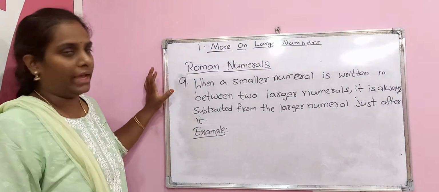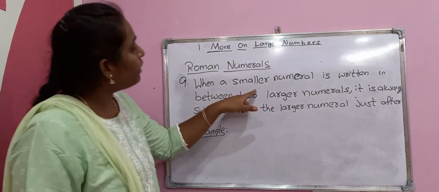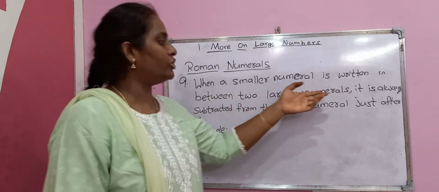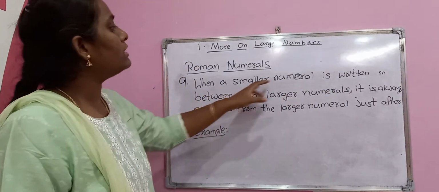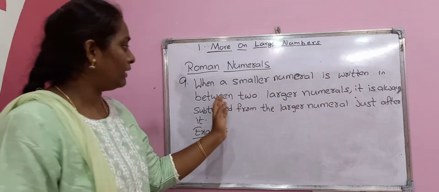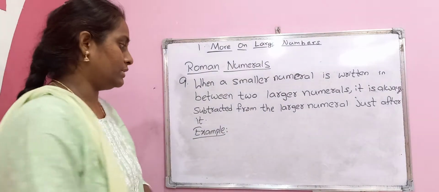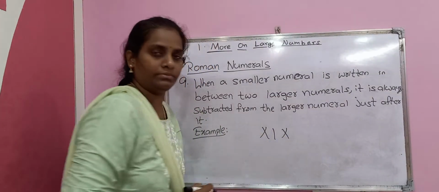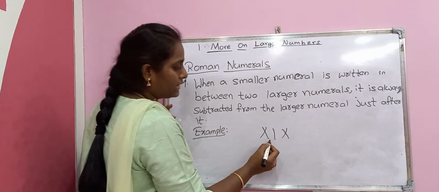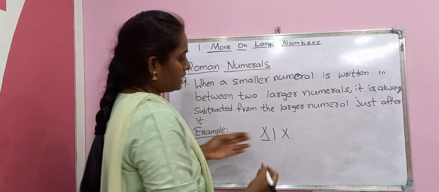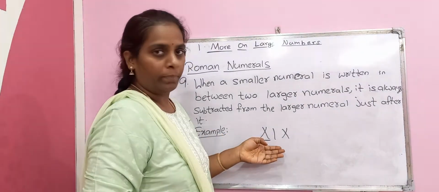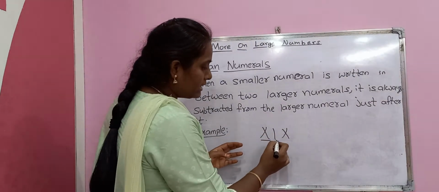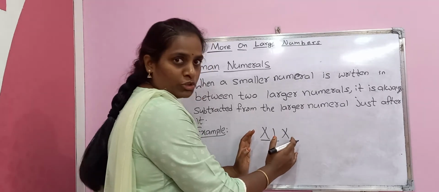Rule number 9. When a smaller numeral is written in between 2 larger numerals. See here, XIX. X is a larger numeral than I, and here X is a larger numeral than I, and this I is between these 2 larger numerals.